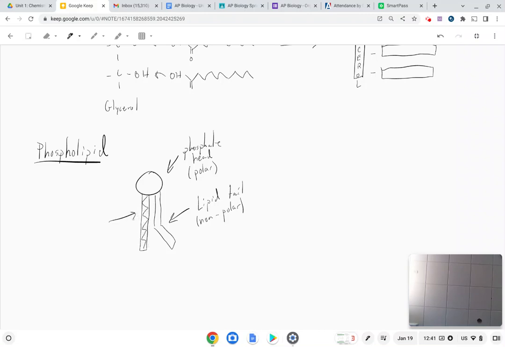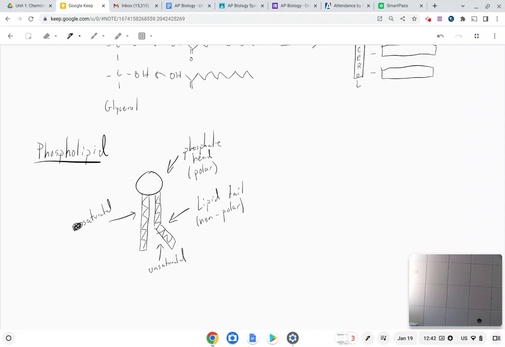This would be an unsaturated one, and this one that has the bend would be saturated, and then this is an unsaturated. That's why this tail here has a kink in it. It's got a bend. It's an unsaturated fatty acid.